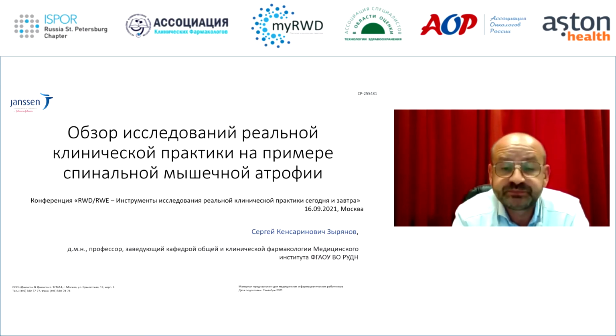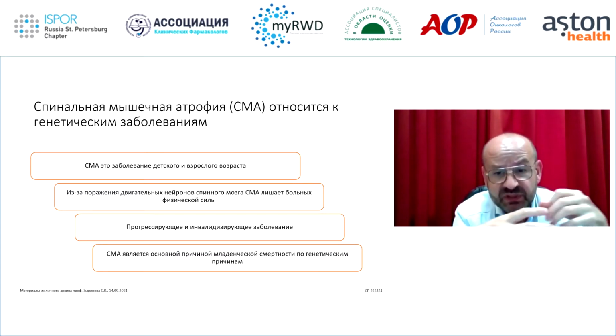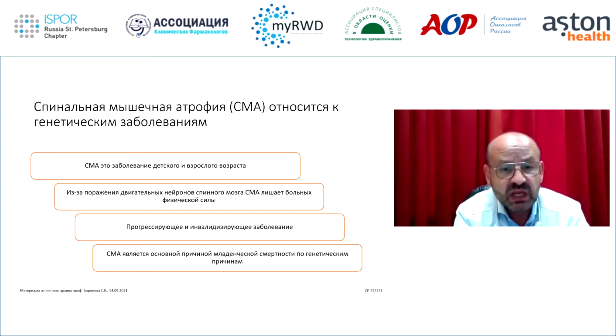RWD is probably the only way to understand whether this or that drug works or not. I'll try to give an example with spinal muscular atrophy, or SMA. This disease is the main reason for infant mortality due to genetic reasons.